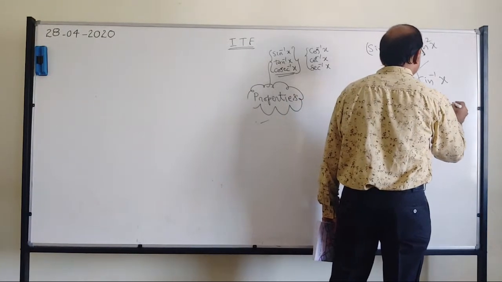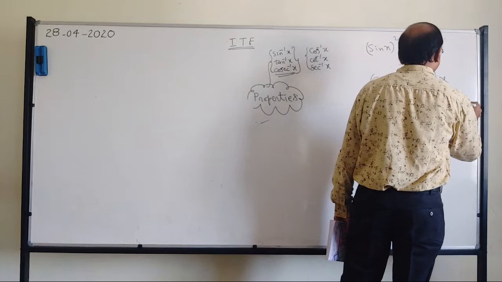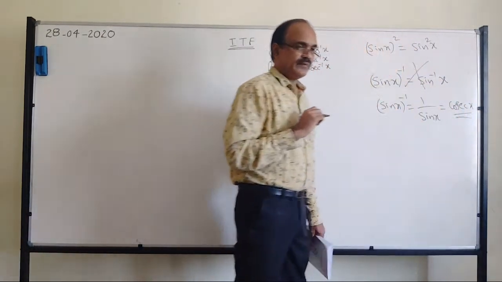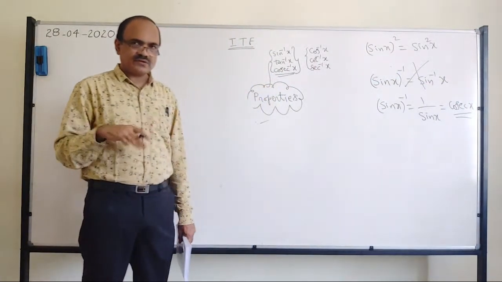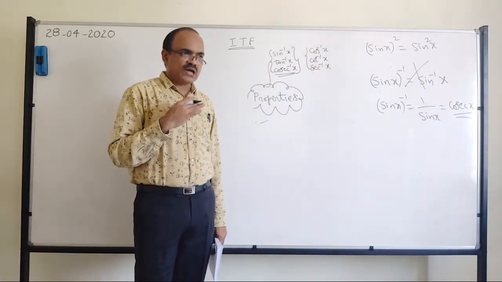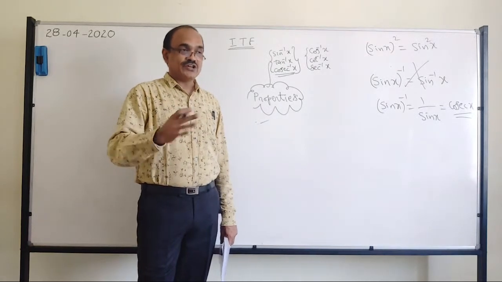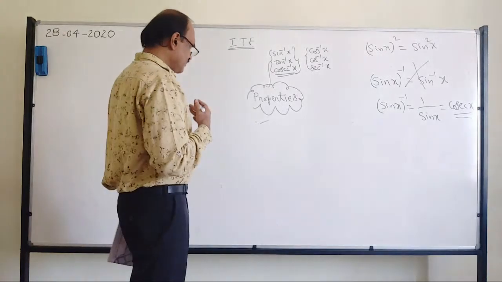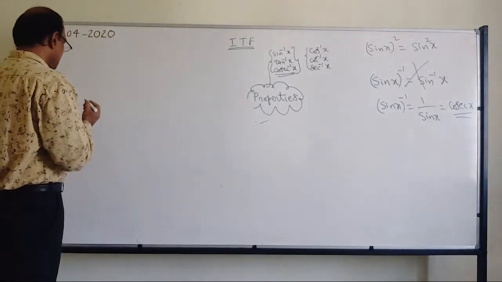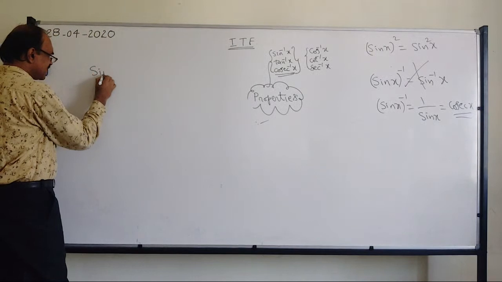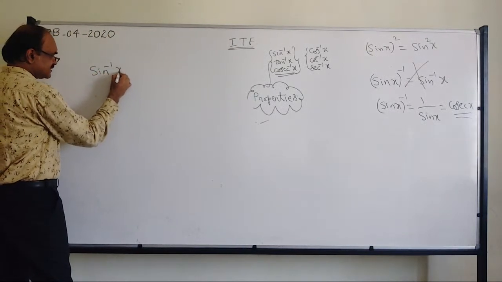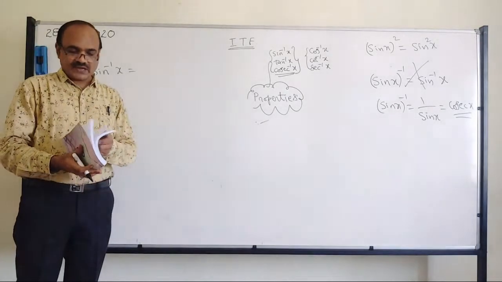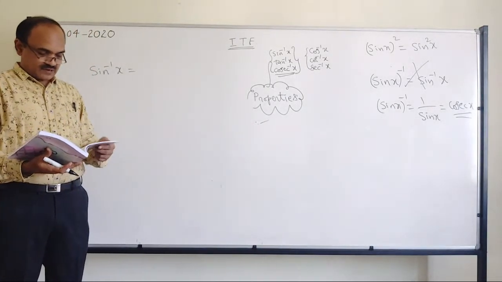Sin x whole to the power -1 is actually 1 by sin x. What is 1 by sin x? All of you know, cosecant x. So this is the reciprocal. Reciprocal of sin x is cosecant x. Reciprocal of cos x is secant x. Reciprocal of tan x is cot x. Now, the property here is like this.